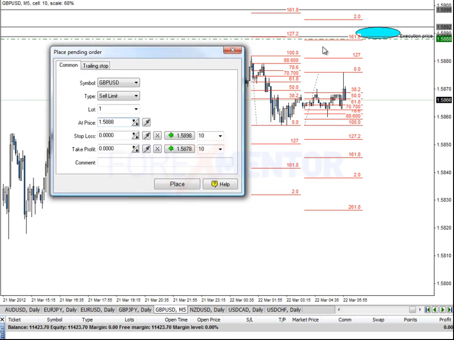For the bigger patterns like the 30-minute or hourly pattern, I'll normally put it in a few pips lower, okay, but on these smaller patterns, pretty much to the pip or 1 pip below should be fine. And then the stop loss 58.98 plus the spread, so let's call it 159.01 area.